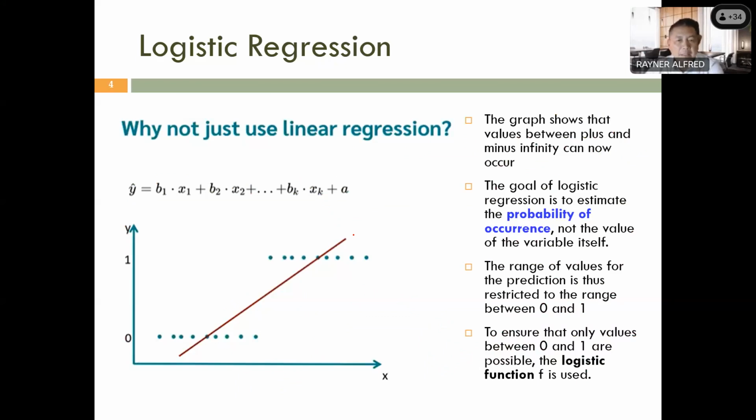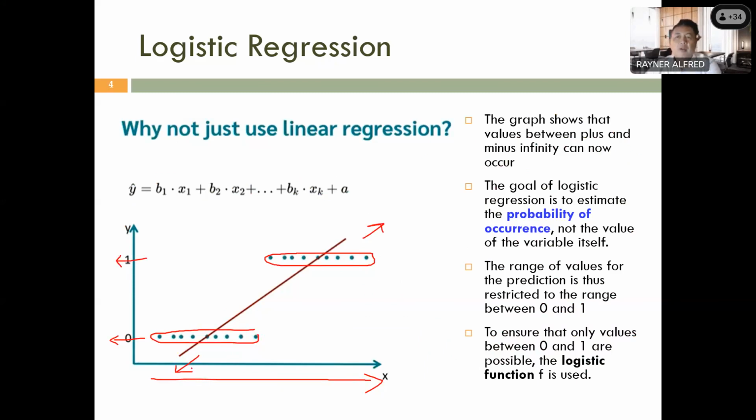Like I mentioned just now, when we have all the x values here, but our y value is bound by 0 and 1, we cannot draw a straight line because it goes to plus infinity and also minus infinity.